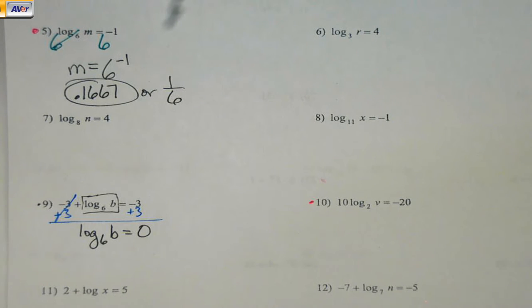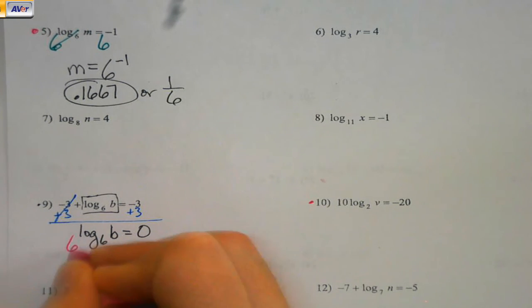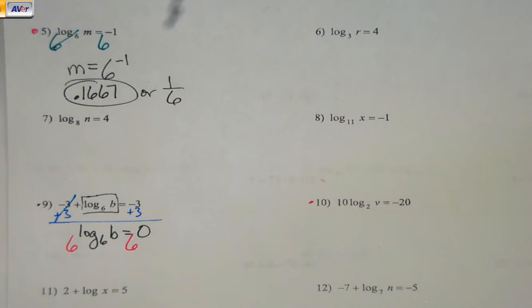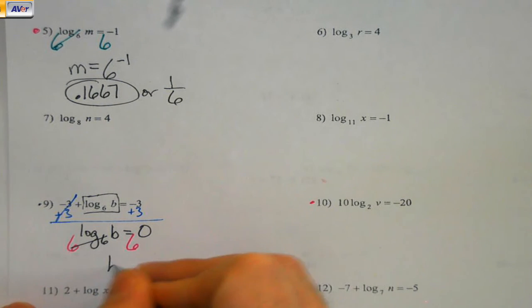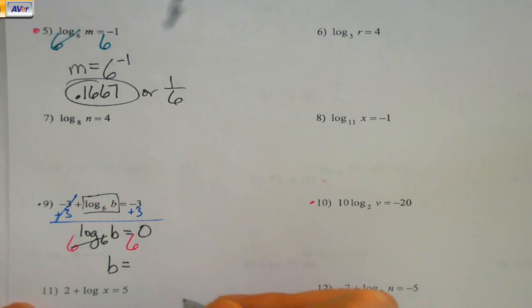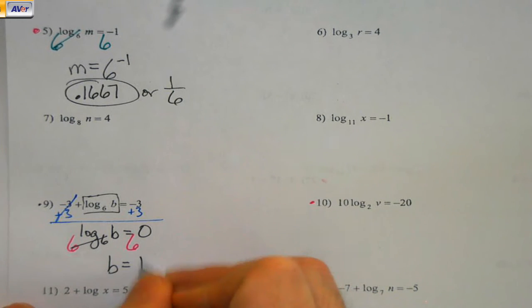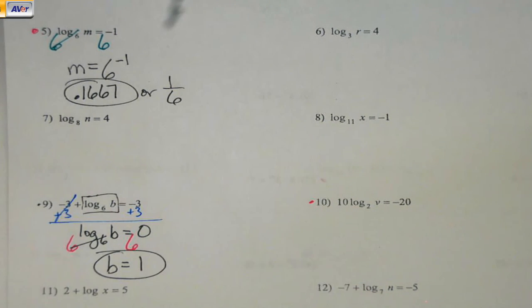Once I get that taken care of, now I can go ahead and exponentiate. Your log has to be by itself before you can do that part. And again, anything to the 0 power, and you can check it on your calculator if you think I'm fibbing, is going to be 1. But I've got to get that cleaned out first.